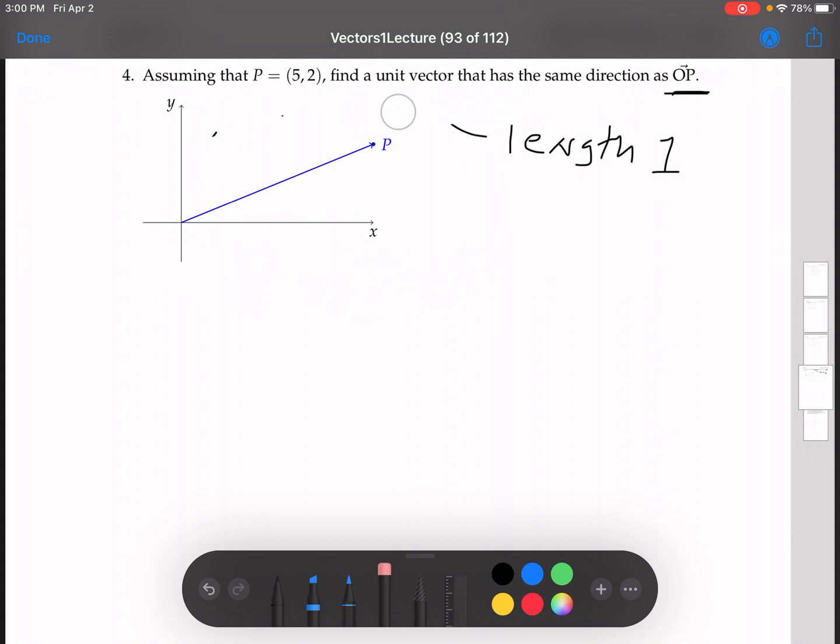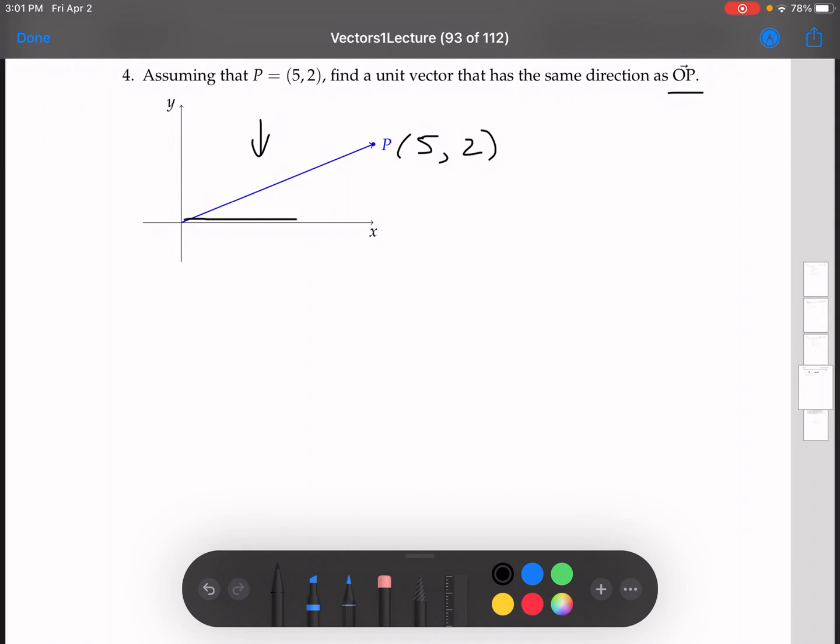So let's find the length or magnitude of this vector OP. That's exactly this vector here, right? So P is the point 5, 2. Remember, magnitude is the length of this arrow, the length of the vector, how long it is.